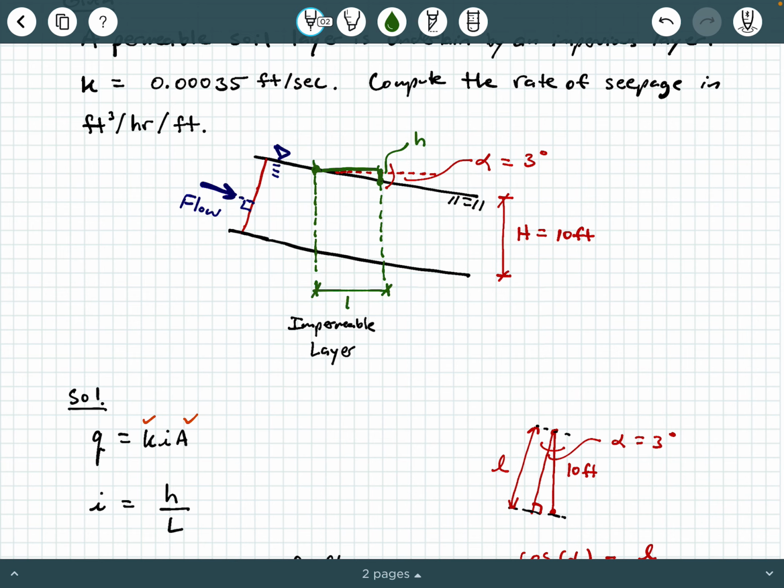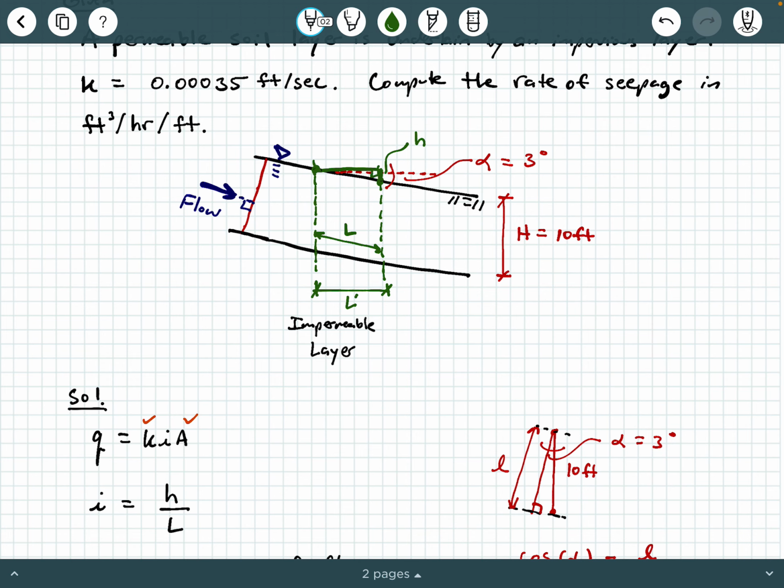I'm going to call that maybe L prime, all right? Now, is that the flow length? Not really, okay? The flow length is actually this length right here, okay? L, all right? And so I'm going to use some similar trigonometry techniques here. I'm going to first look at the right triangle that's defined up here with a vertical height of little h.